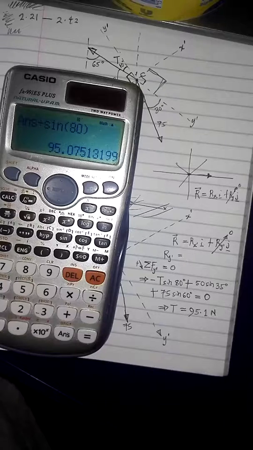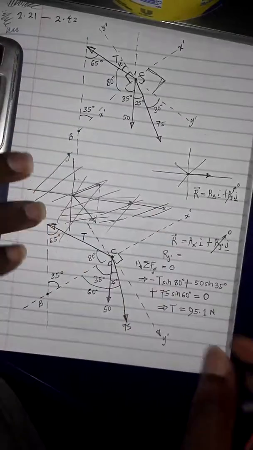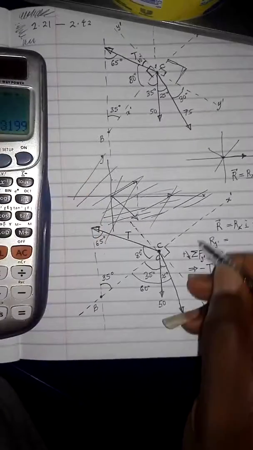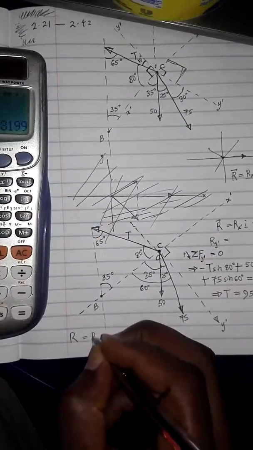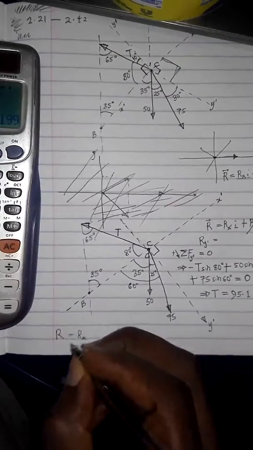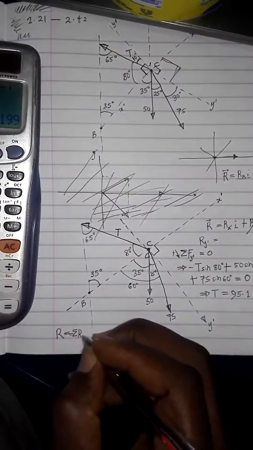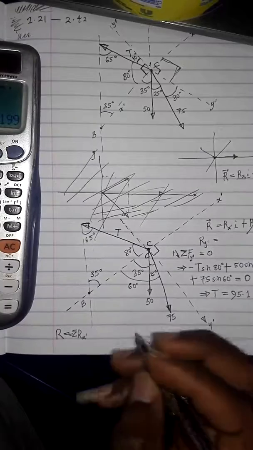And the second part says we should find the corresponding magnitude of the resultant. Quite straightforward. I want to get the magnitude of the resultant. You know how to get the magnitude of the resultant now. Because the resultant is along the x-axis, we know that R is equal to the summation of forces along the x prime axis.